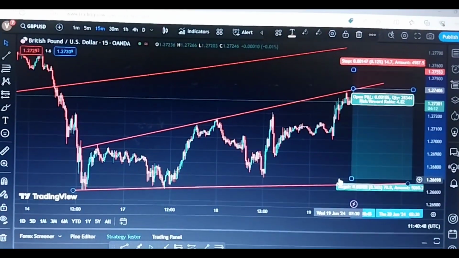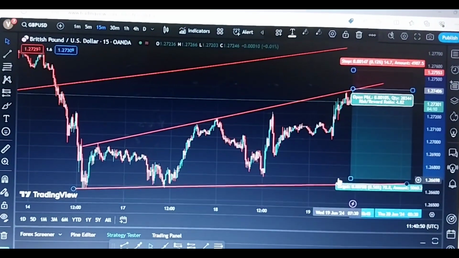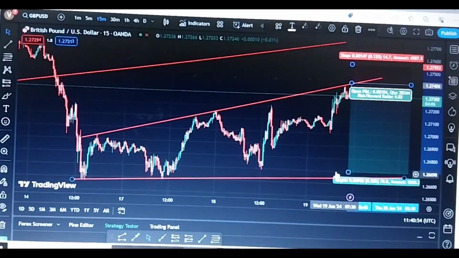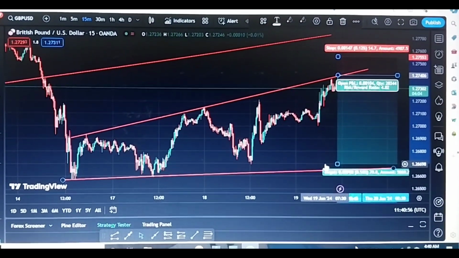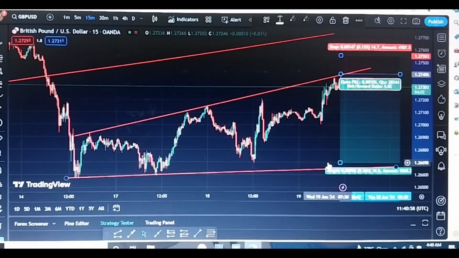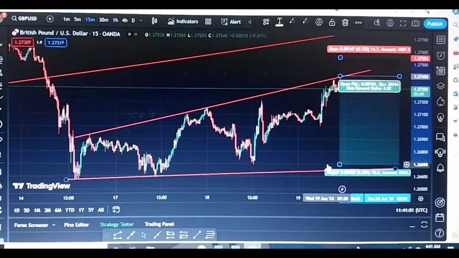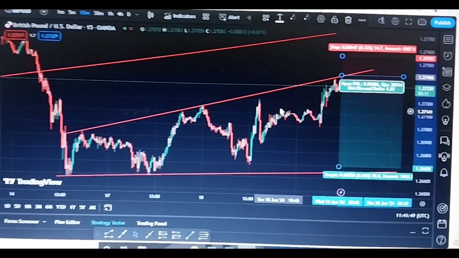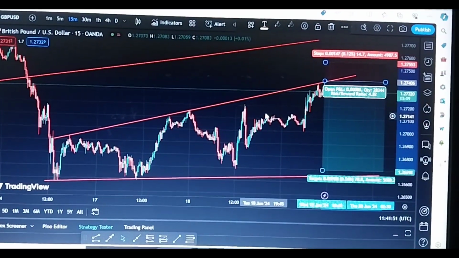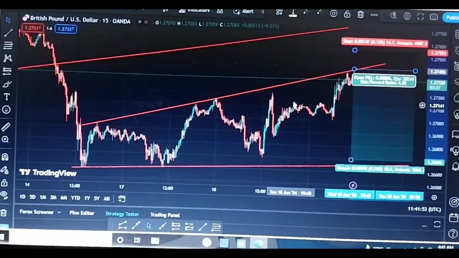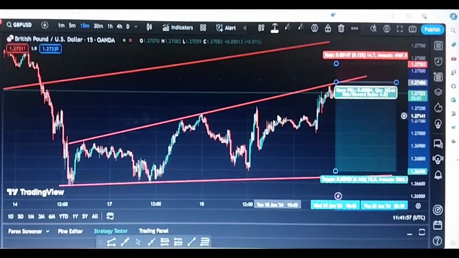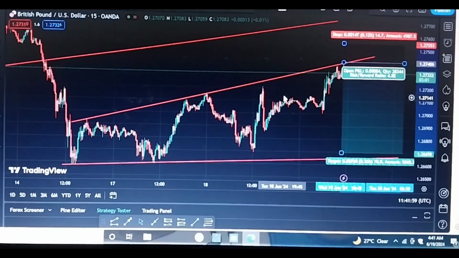That is, I'm risking just 14 pips to make 70 pips. That means if I'm risking $14 on this trade, I'll be making $70. You understand? So if I'm risking $140 on this trade, I will be making about $700 on this trade. Yeah, I think my calculation is very, very much correct. Yeah, that is it.